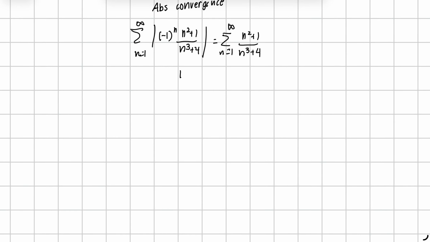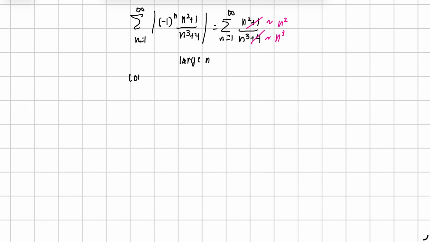So if you have a large n, this right here is approximately going to be equal to n squared over approximately n cubed, because you're not going to really care about those constants anymore. So we're going to compare this series to the harmonic series, which is the summation starting at n is equal to 1 to infinity of 1 over n. So we know that this is going to diverge.